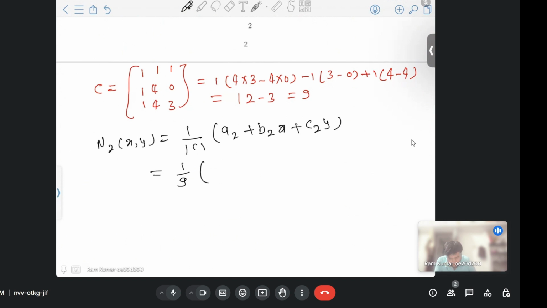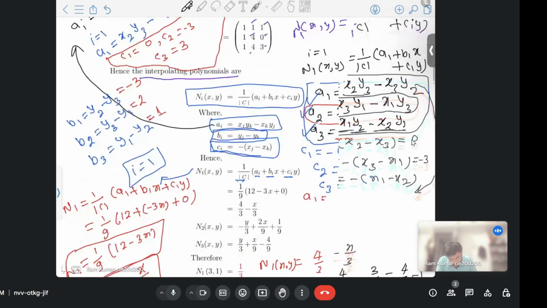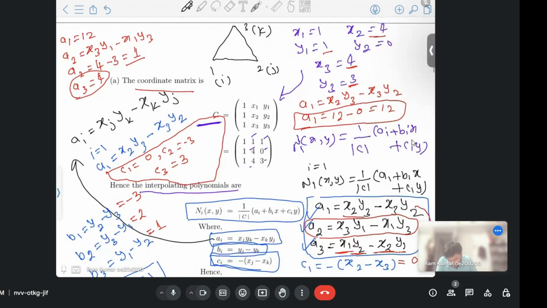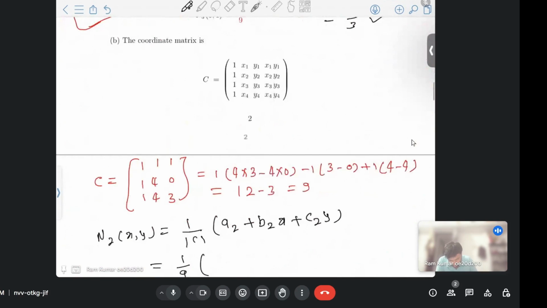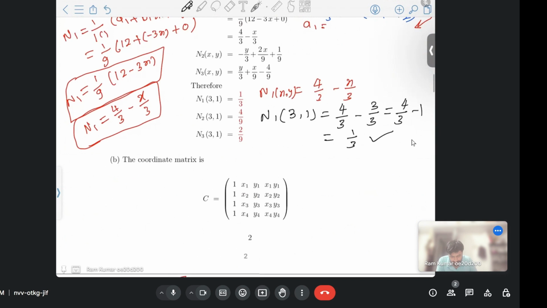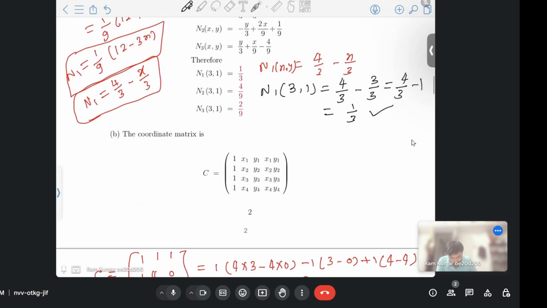What is a2? How much we got a2? We got a2 equal to 1, b2 equal to 2, c2 equal to minus 3. Okay. So this will be our n2.